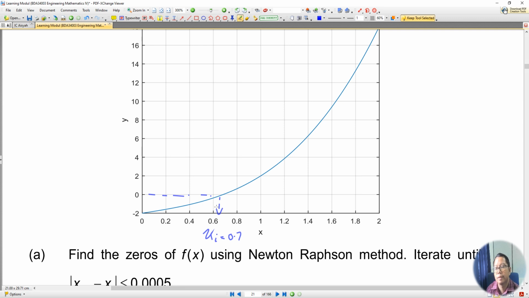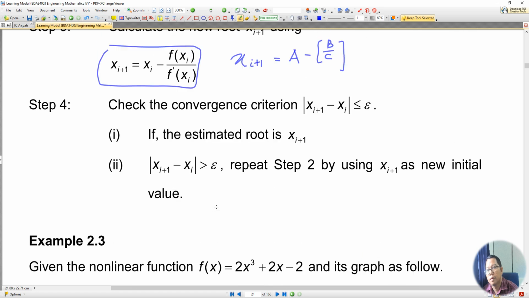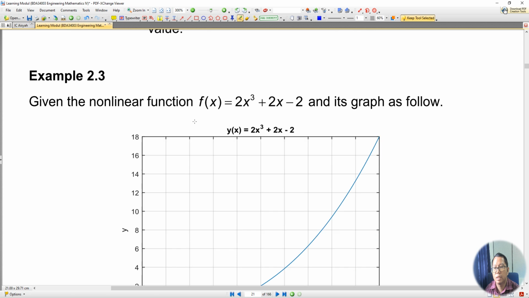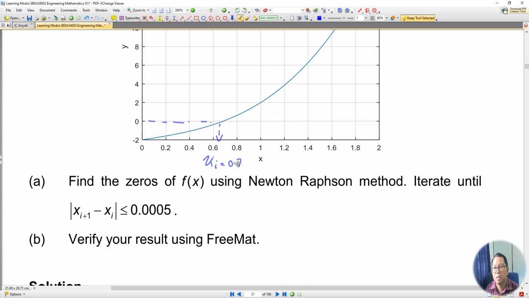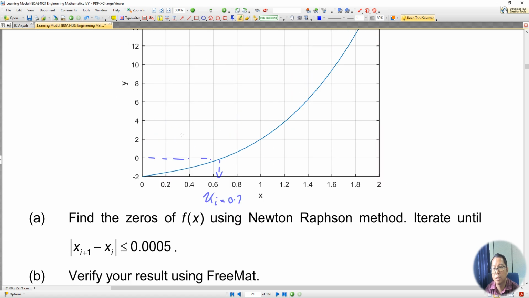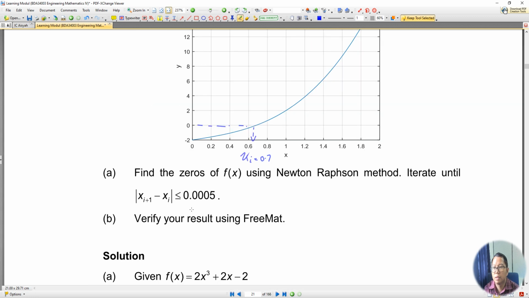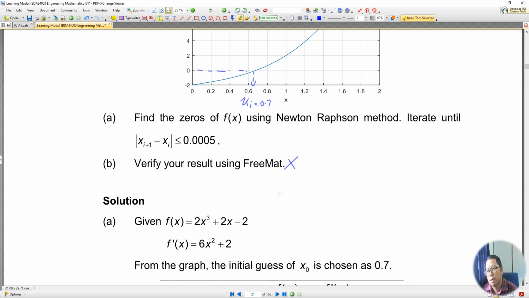This is the guessed root. Set the initial guess of root: 0.7, based on the graphical method. Then find the zeros of f(x) using the Newton-Raphson method. Iterate until 0.00005. Then verify using Freeman, no need for this one.